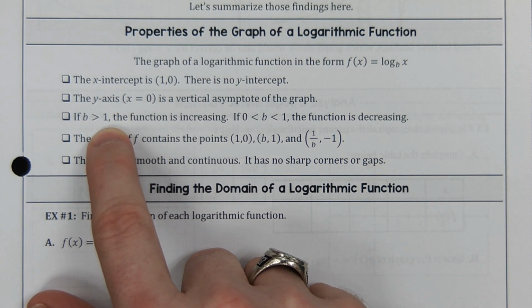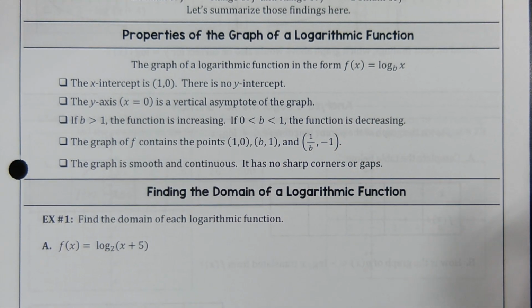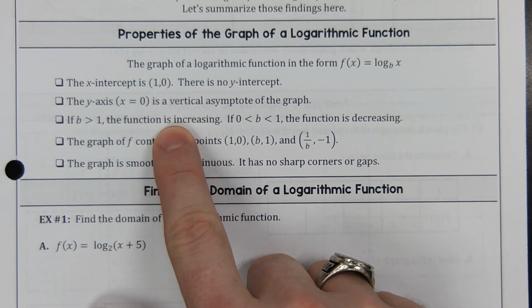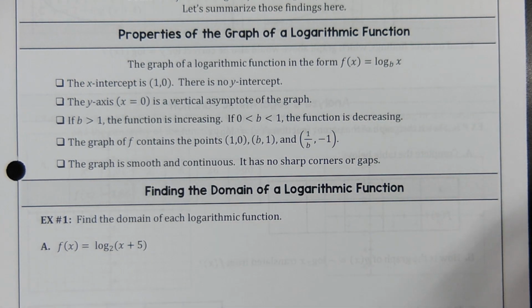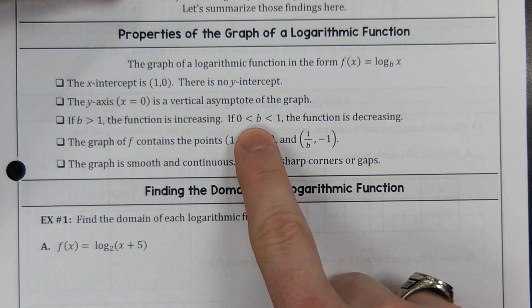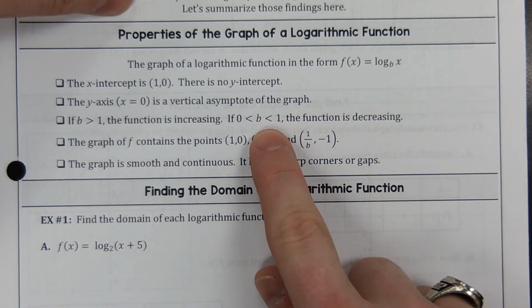For exponentials, if the base is greater than 1, you had an up and to the right graph, an increasing function. Well, that's going to be exactly the same for the logarithm. Up and to the right, increasing function. For the parent exponential, if the base was from 0 to 1, you had a decay graph, which was decreasing, which is the same for the logarithm.